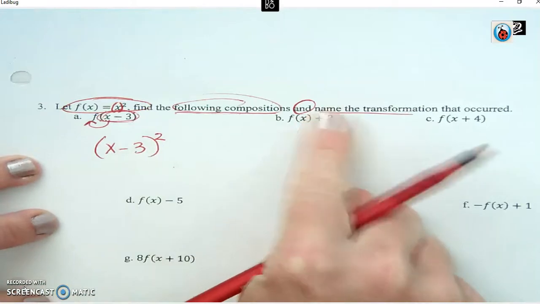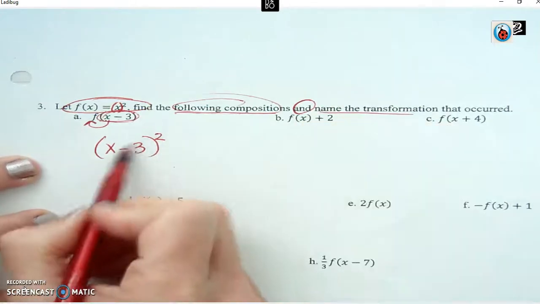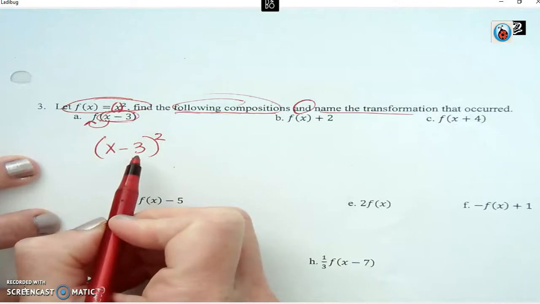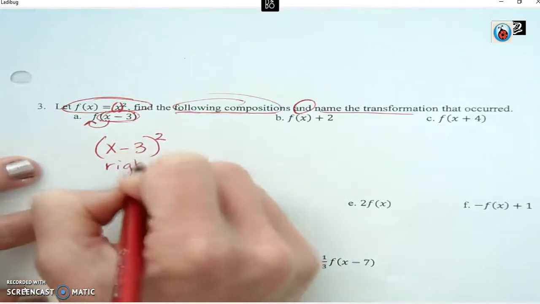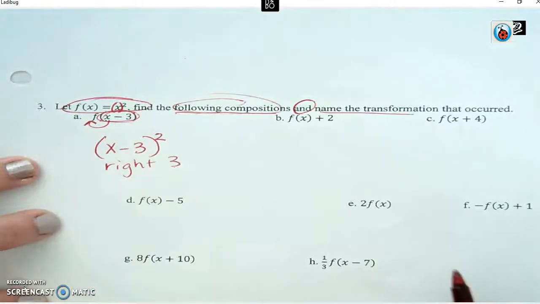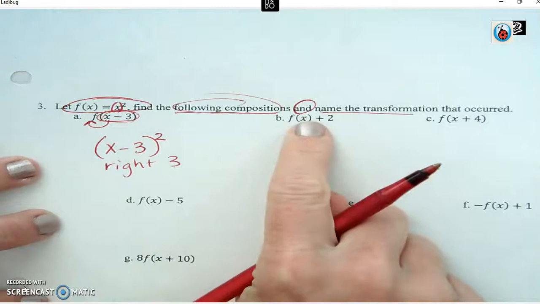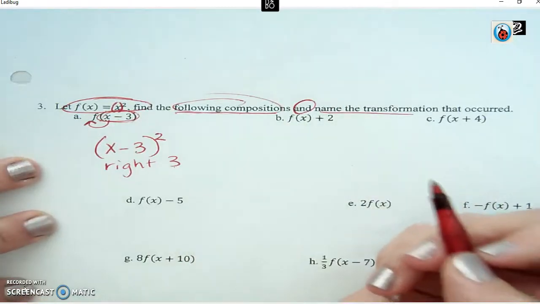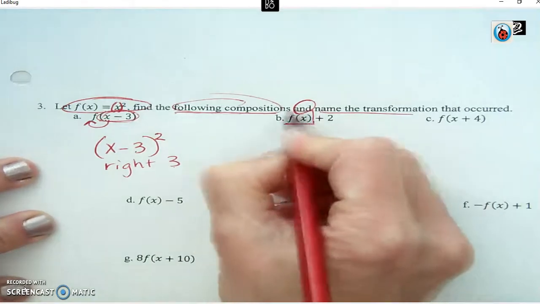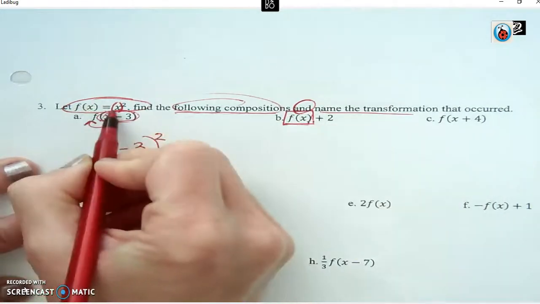Name the transformations. Well, if it's in the parentheses, it moves it left or right, and you do the opposite. So this one moves it right 3. Okay? All right, now this one's different. This one, the +2 is not in the parentheses. F of x is equal to x squared.